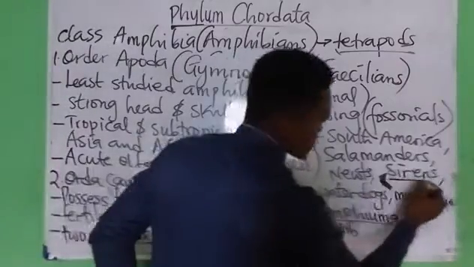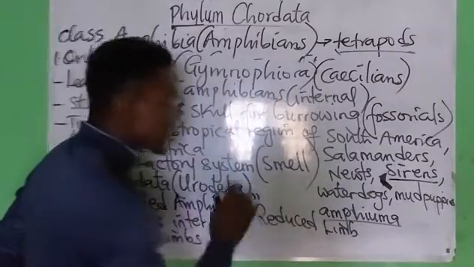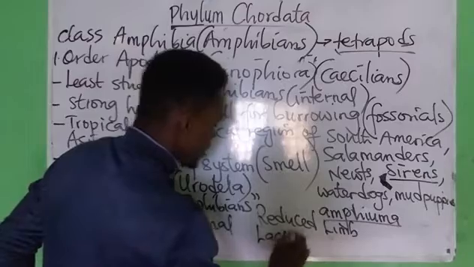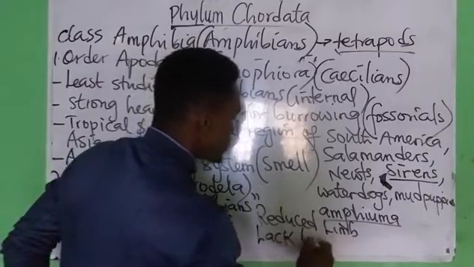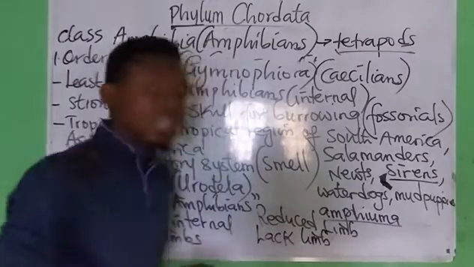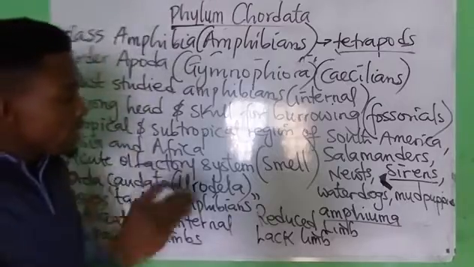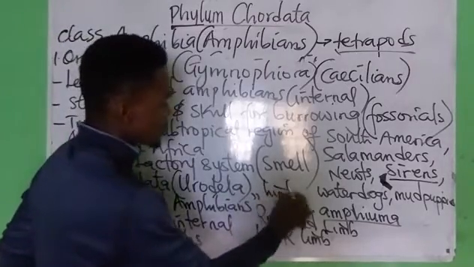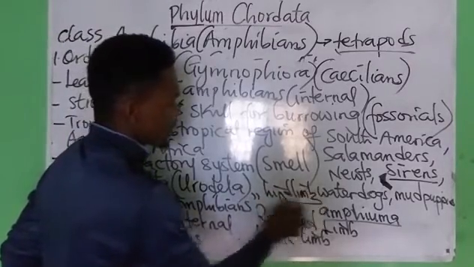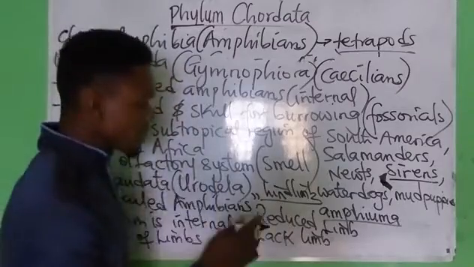Then the sirens, they lack limbs. That is, they lack hind limbs. We are talking of hind limbs now. That is legs. They lack legs. So please take note of that.